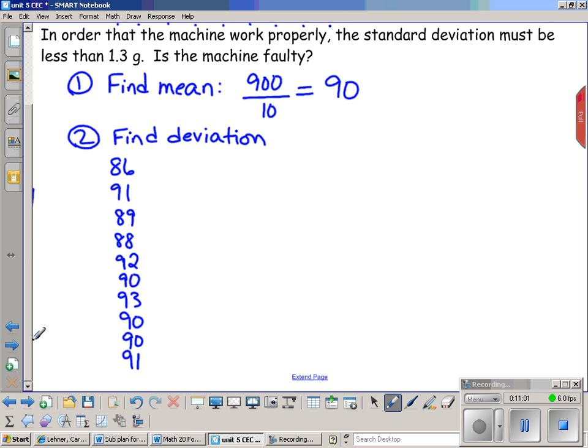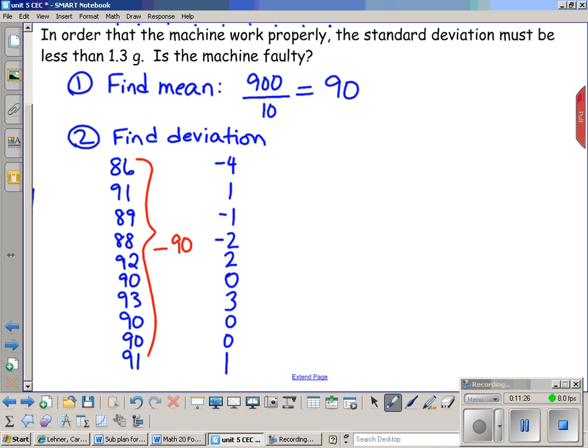So we have all of our data listed here, and we're going to subtract the mean off of each. So when we subtract 90 from each of these, we are going to end up with -4, 1, -1, -2, 2, 0, 3, 0, 0, 1.